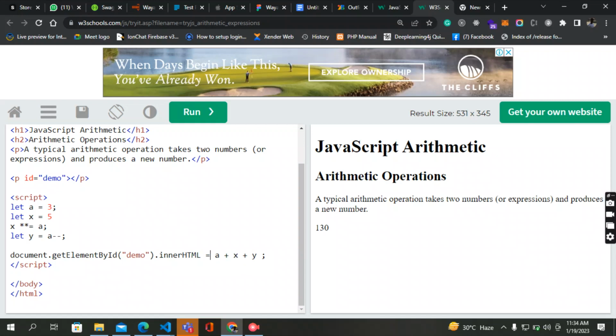But let's say we need to concatenate a string value. See, this is a string. So now if you look at it, it's no longer adding these values together. See, 2, 1, 2, 5 and 3.